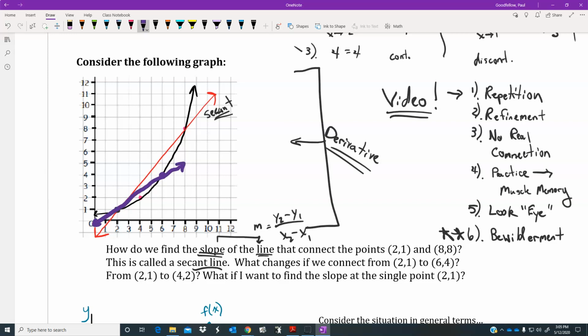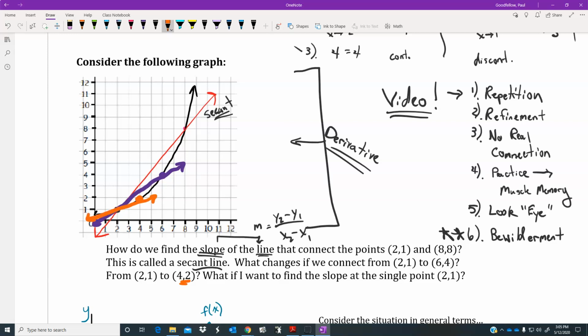I'm like, okay, I can calculate the slope of that secant as well. And then what if I kept backing it up along this particular graph and I backed it up to this point right here, 4 and 2, and I made a line that was like this, and it was still a secant.